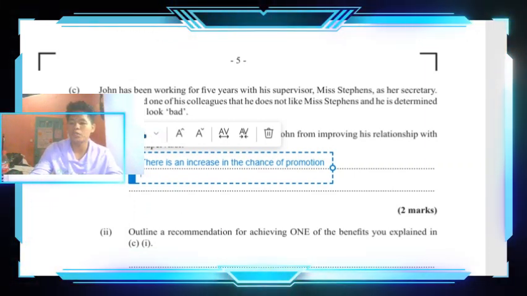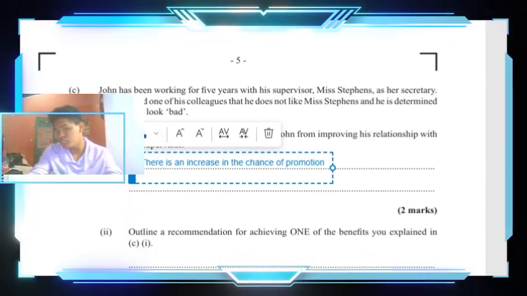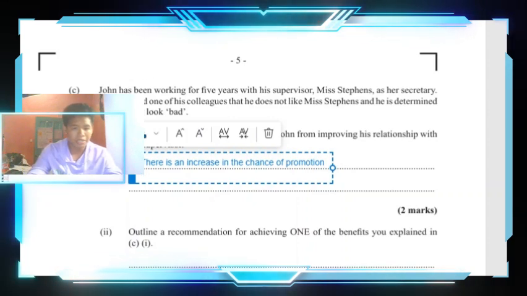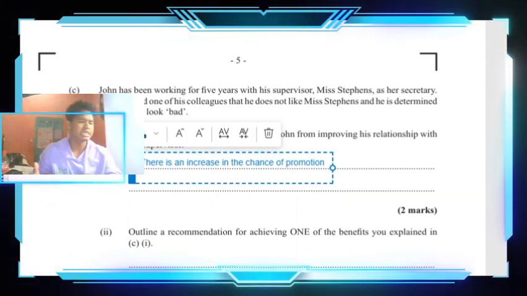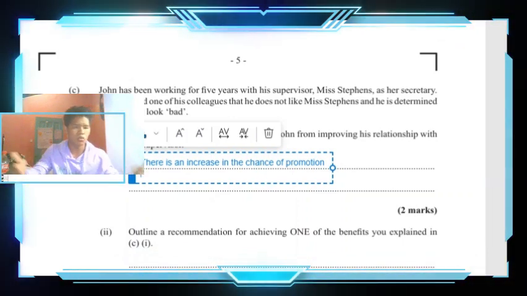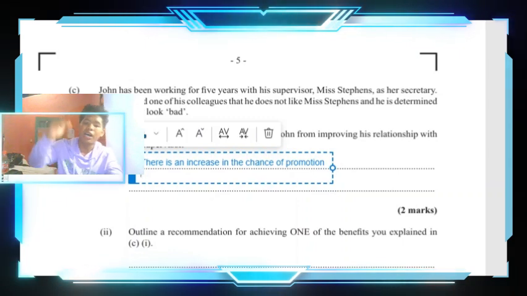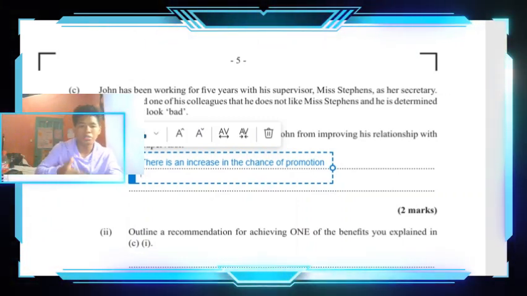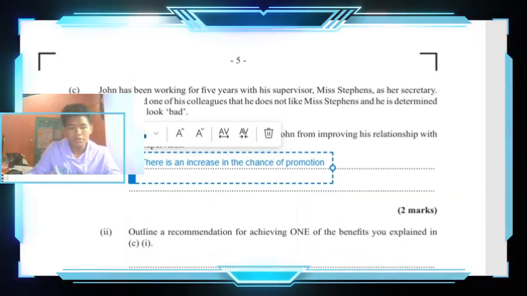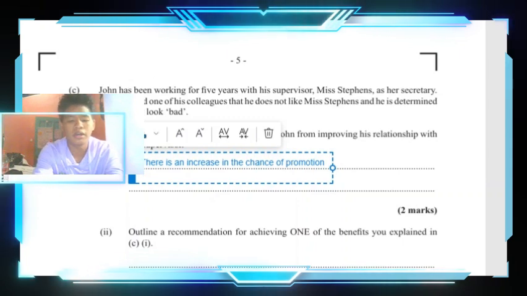And if you have a good relationship with them, they will say, "Yo, this guy here has a good attitude. He has a good work ethic. His personality is nice." And then your boss will say to himself, "Yes, this person is a good person to work with." And when they think like that, they will want to put you in higher positions because of your good communication and your good interpersonal skills, right? So there's an increase in the chance of promotion.